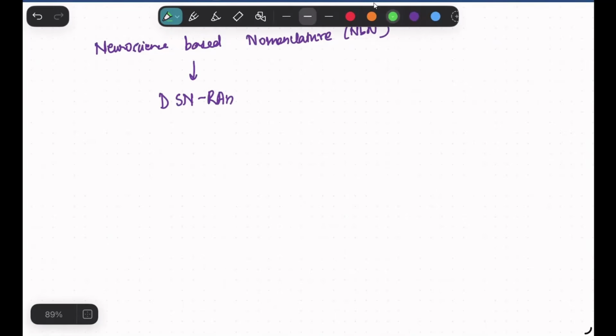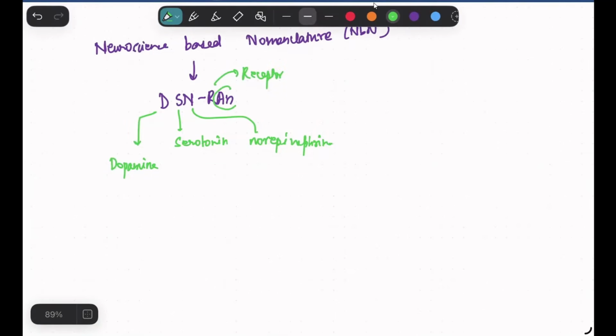So under NBN classification, it is classified as a dopamine, serotonin, norepinephrine receptor antagonist.